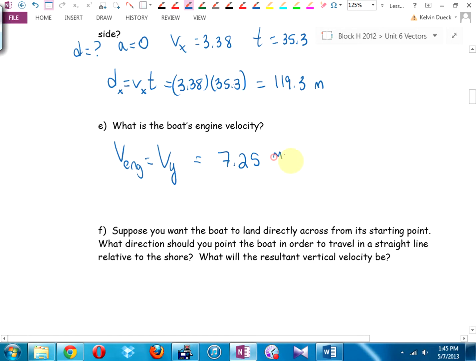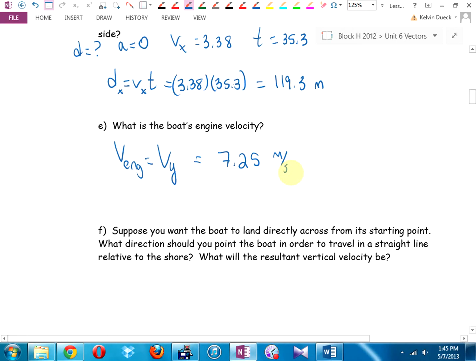Yeah. And Nick, again, a lot of kids will go, oh, it's 8, isn't it? No. Can't possibly be 8 because some of that velocity is coming from the current. Also, that 8 isn't even in the same direction as the engine is pointing. The engine is pointing straight up. For now. So what's the boat's engine velocity?